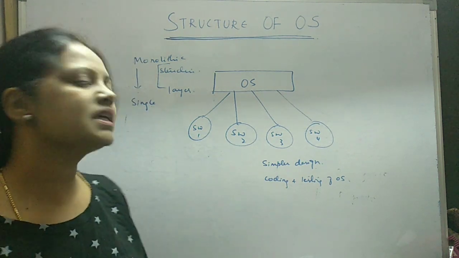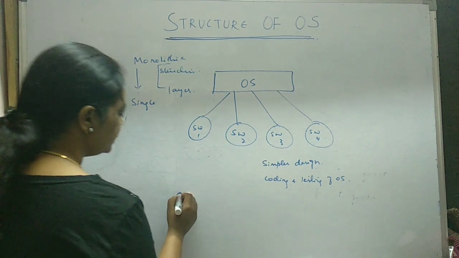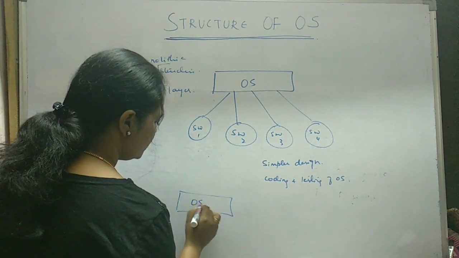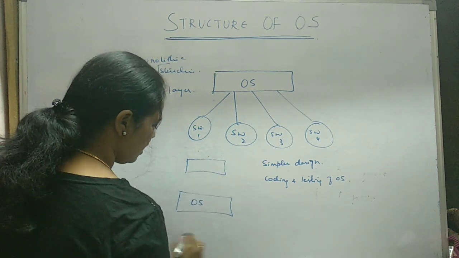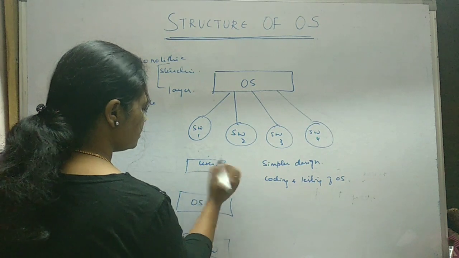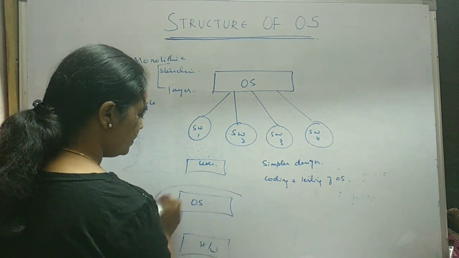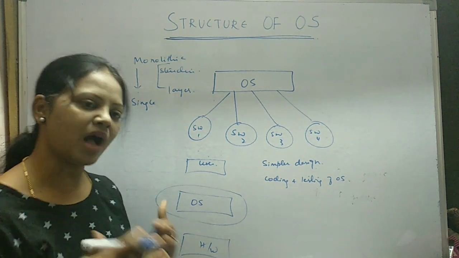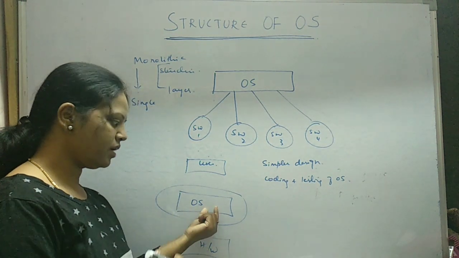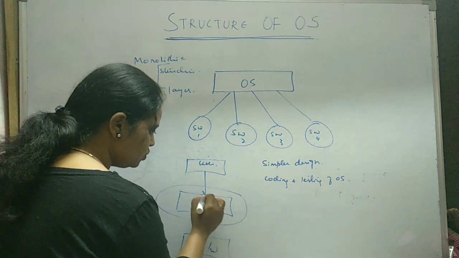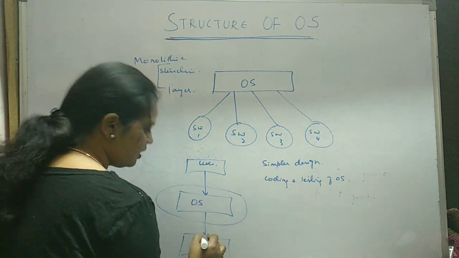So what we mean by a single layer structure is, here the operating system would act as a single layer between the user and the hardware. Whatever the functionalities of an operating system are, they all would be organized in this operating system, which would be interfaced to the user and the hardware.